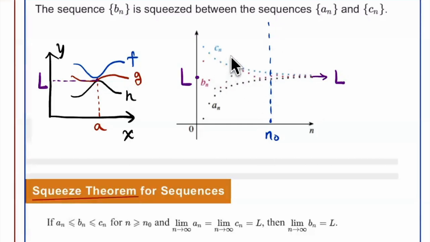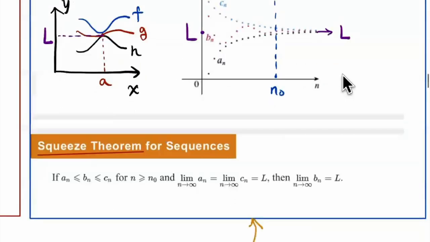Before this index, it might not be between the two, but it doesn't matter. We're more concerned about the tail. So if the tail of the sequence is between these two sequences, and the above and below sequences approach L, then the sequence also approaches L. So the N naught here means from some index on.